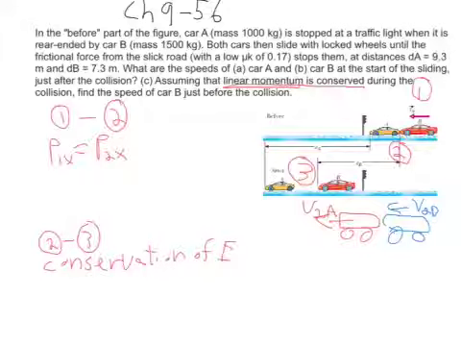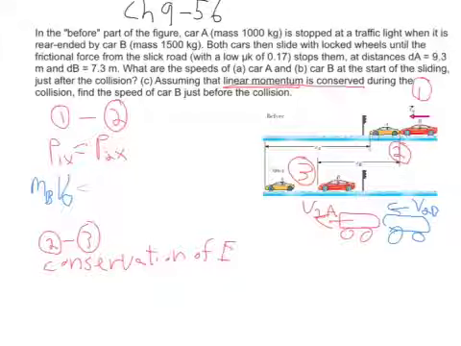Let's look at what that would look like. If you're working forward, starting with point 1, I have initial momentum, which is just the mass of car B multiplied by the initial velocity of car B. We'll call that V initial, since that's what it's labeled in the picture, and that's what we're trying to find in part C, I believe.